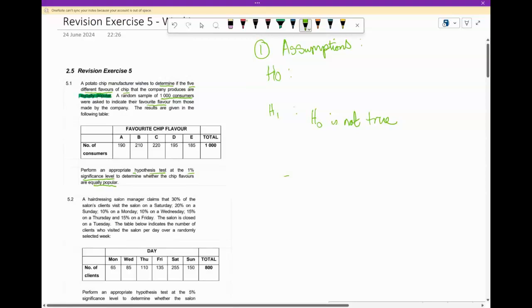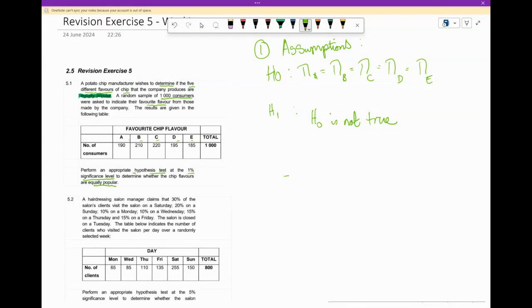You can say the population that chooses flavor A, because remember we have 5 flavors, is equal to the population that chooses flavor B, equal to the population that chooses flavor C, flavor D, flavor E. Or you can say equal popularity across the flavors.